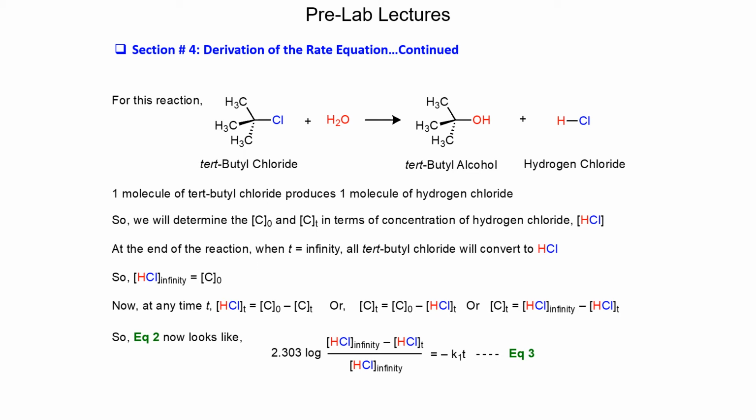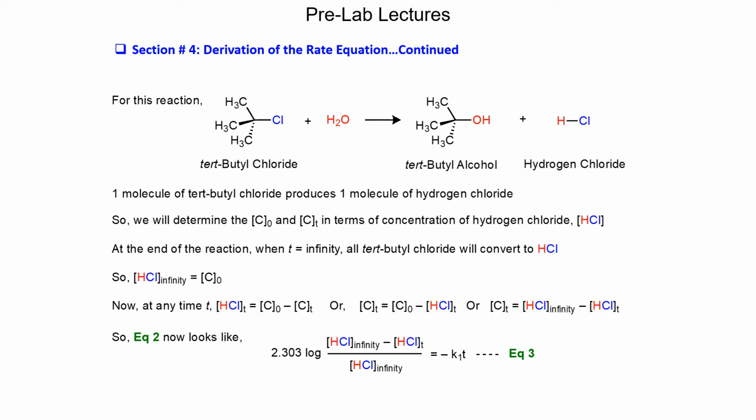So at any time t, the concentration of tert-butyl chloride will equal the final concentration minus the concentration of hydrogen chloride at time t.